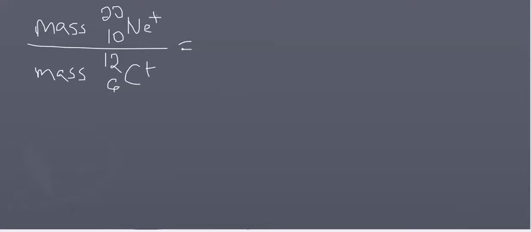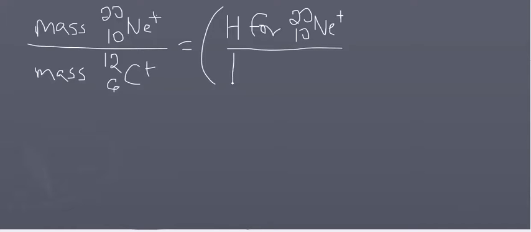We're going to set this equal to H, which is the magnetic field strength for those isotopes, and this is squared.